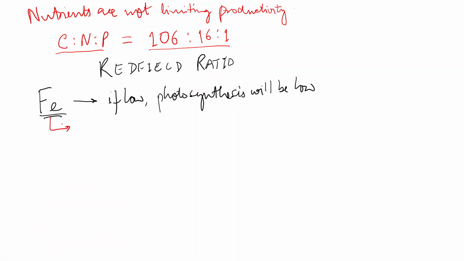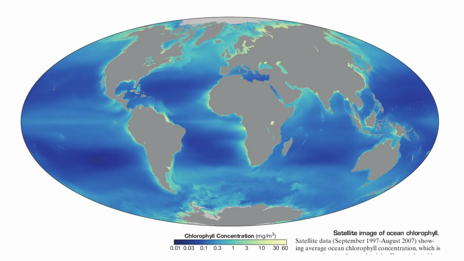So first thing is iron is important because it helps in chlorophyll synthesis.